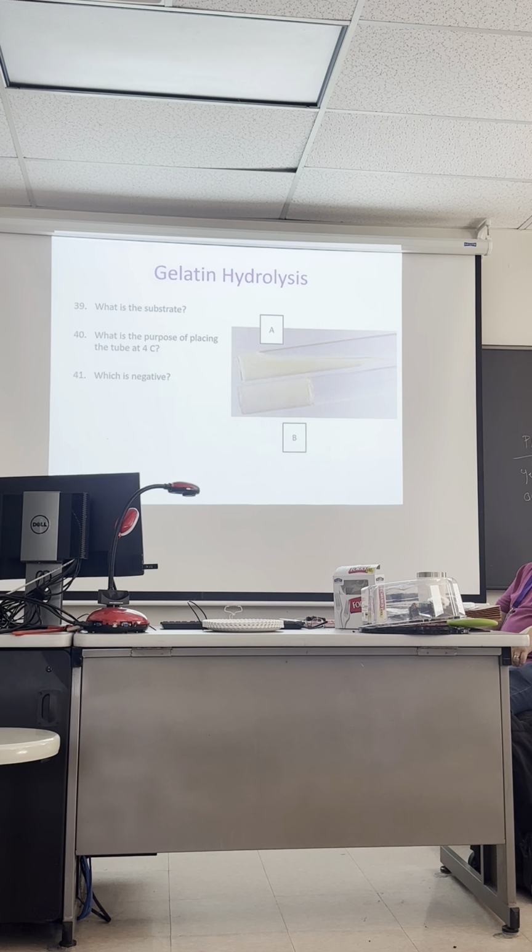What's the substrate in the gelatin hydrolysis test? Gelatin. What's the purpose of placing the tube at 4 degrees Celsius after 24 hours? So it doesn't melt. It allows the gelatin to repolymerize or solidify if it's negative. If it remains liquid, then it's positive. So therefore, what's the result here? Negative, it's not liquid.